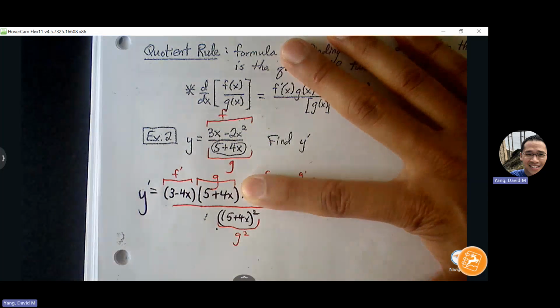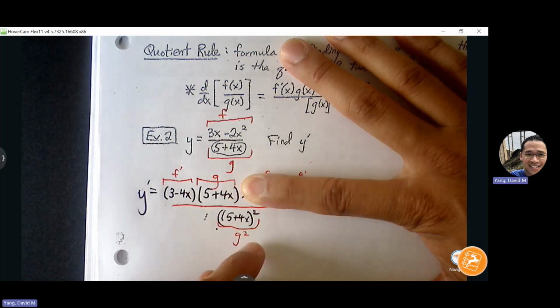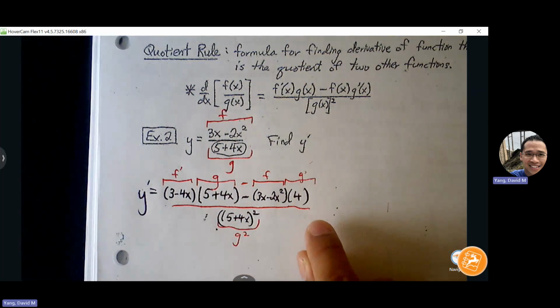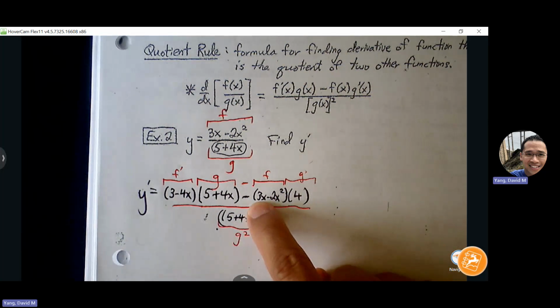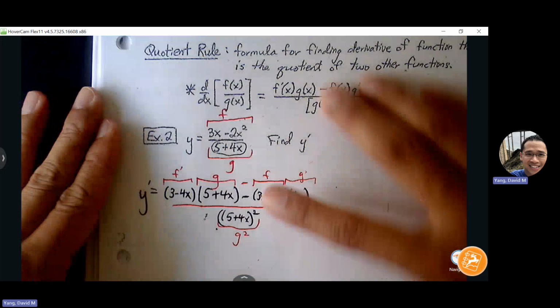If it was just this, without that second term, we could cancel this out. But we can't cancel if there's this second expression here. It's the minus sign. Anytime there's any attachment with addition or subtraction, we're forced into leaving it alone. It's not easy to cancel across addition and subtraction, and if we do, it's going to mess things up. Now if it was everything multiplication, then yeah, that's fine.